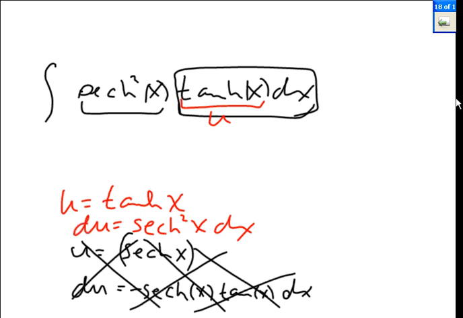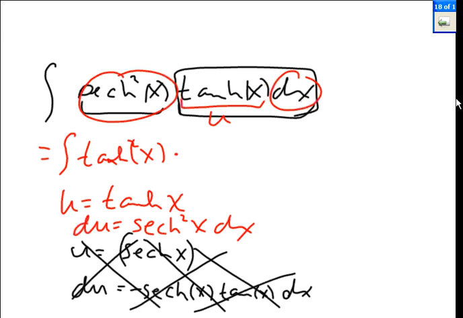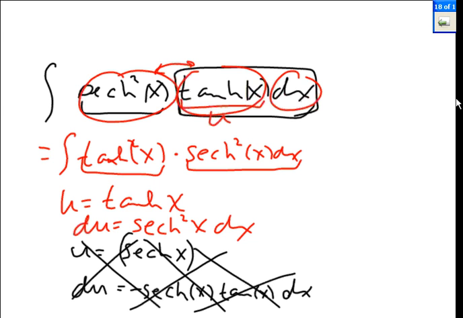No minus. Okay. But that's what's left over. That is, this integral, so you don't have to write it this way, is hyperbolic tangent of x times secant hyperbolic squared of x dx. Multiplication surely commutes. This is u, that's du. So we're in the form of u du.